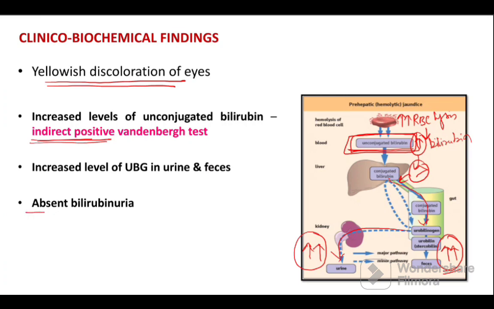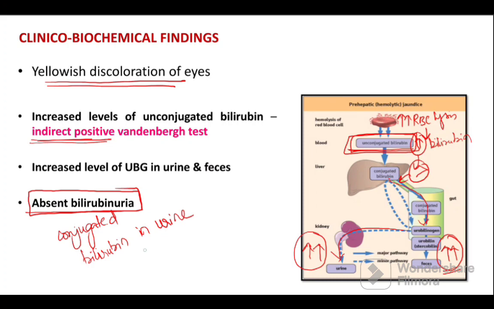And one important point to remember here is there is absent bilirubinuria, that is, the conjugated bilirubin in urine is absent. There will be more unconjugated bilirubin, but conjugated bilirubin as such in urine is absent. That is one important point to note in prehepatic or hemolytic jaundice.